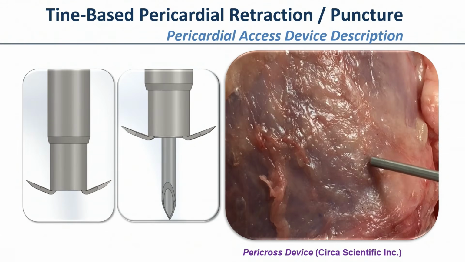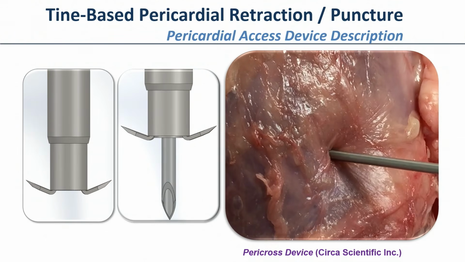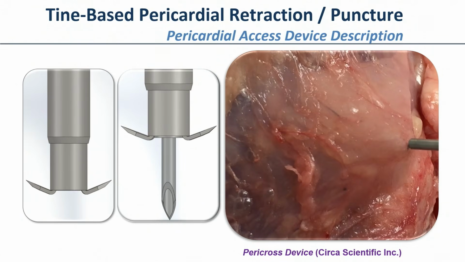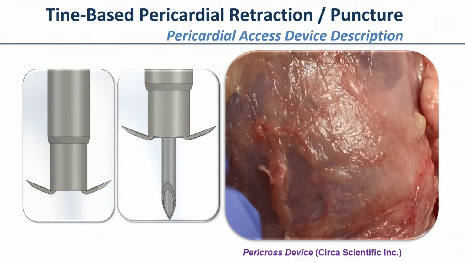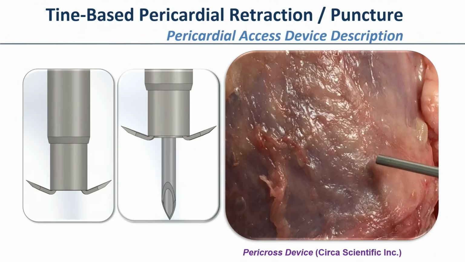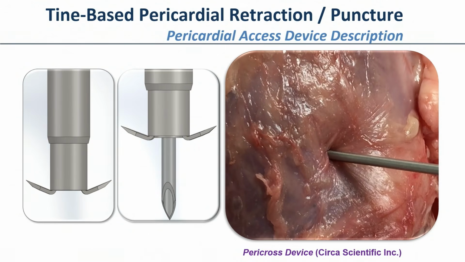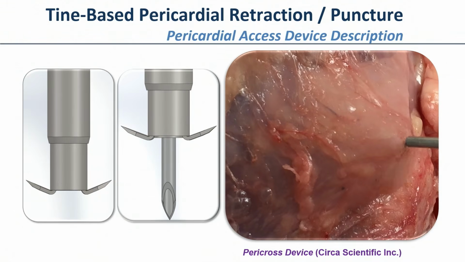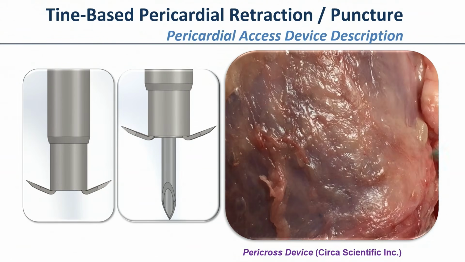Before the needle is inserted into the pericardium, these side hooks, these tines, grab the pericardial tissue and will create a space where the needle is injected, and then the puncture itself should be safe. So that will allow us a safe insertion of the catheter and hopefully a good ablation.